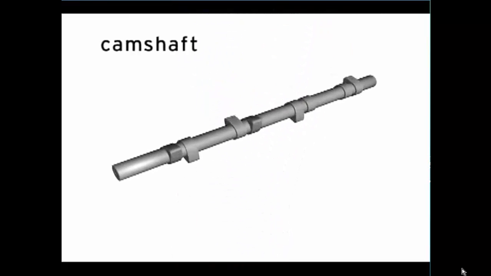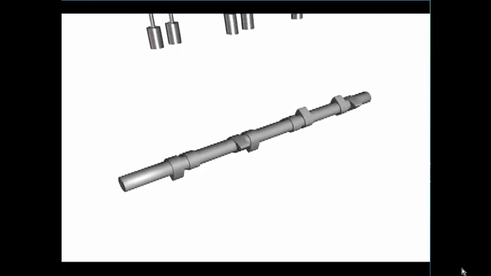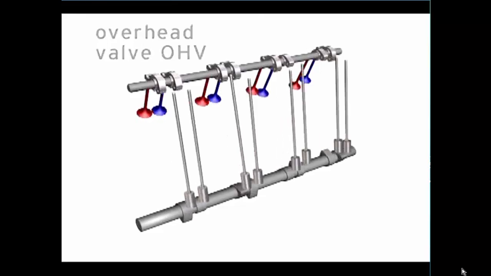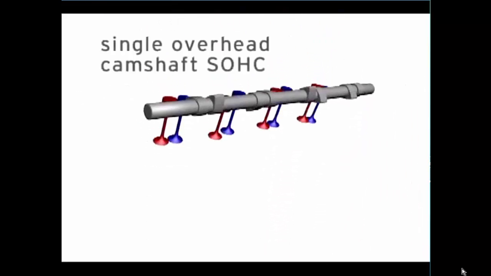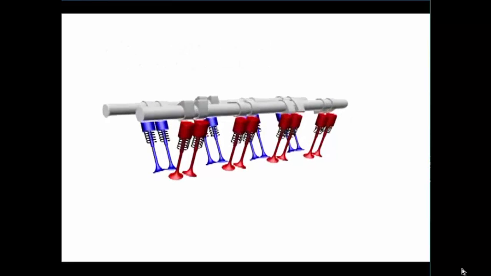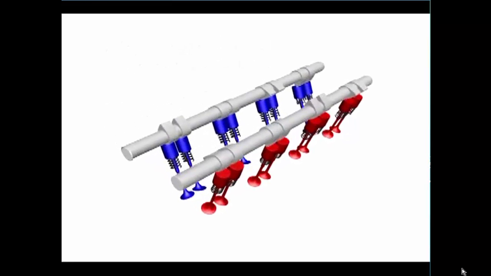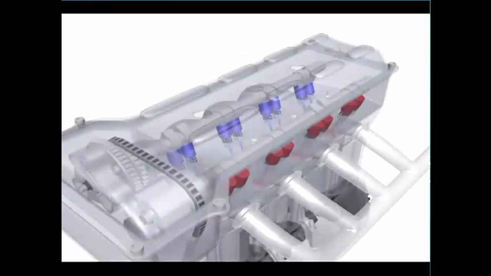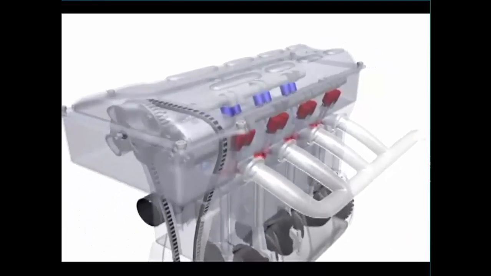The opening and closing of the valves is performed by the camshaft. Some engines use one camshaft with rocker arms and/or push rods actuating all of the valves. If the camshaft is above the valves, it's called a single overhead camshaft or SOHC engine. When an engine uses a separate camshaft for the intake and exhaust valves mounted above the valves, this design is called double overhead camshafts or DOHC.